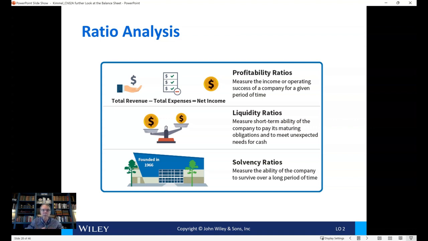Liquidity is just the ratios of short-term ability to pay a company: how much do I have in current assets to pay current liabilities? Solvency would be, how much of my assets are funded by equity or are funded by debt.